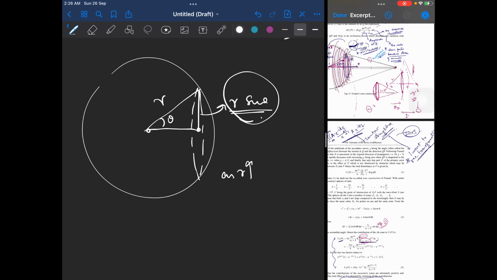As r increases, r sin theta increases at the same theta. R sin theta increases, which means it's a very high radius, so it remains close to it. Right? So you do that approximation, and you just apply the limits.